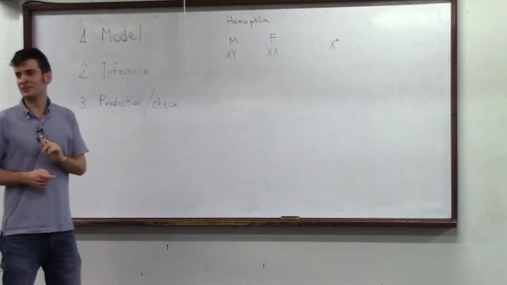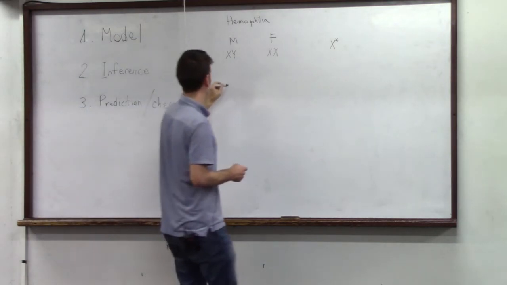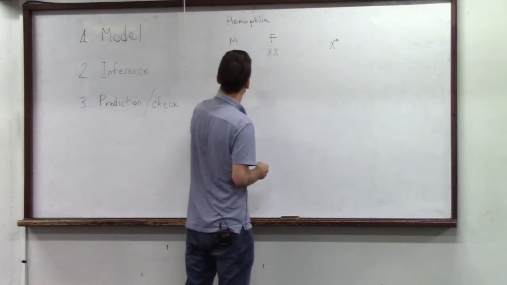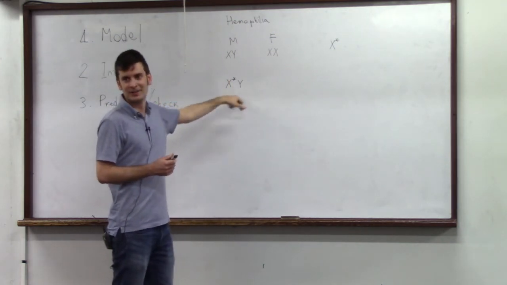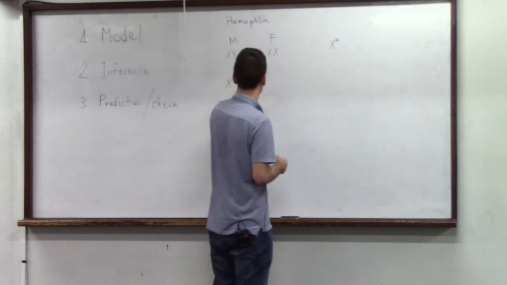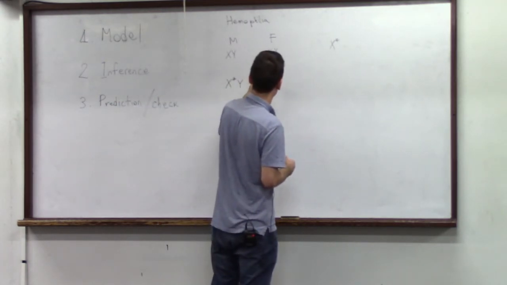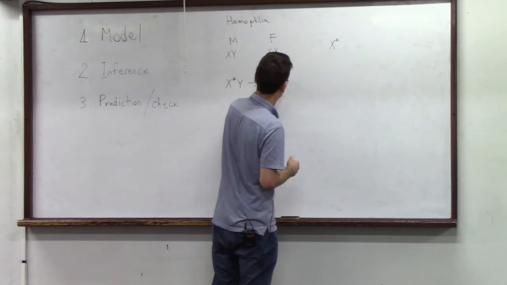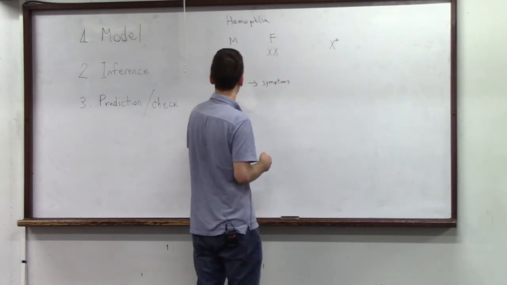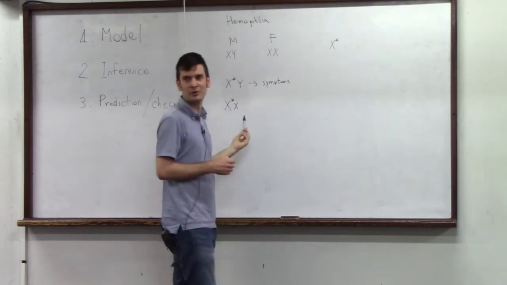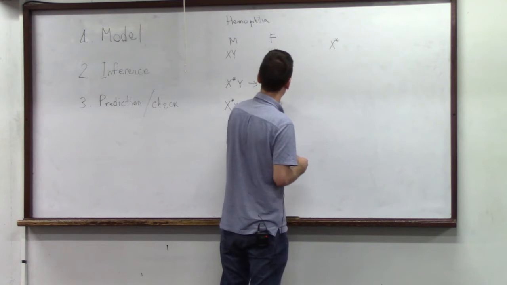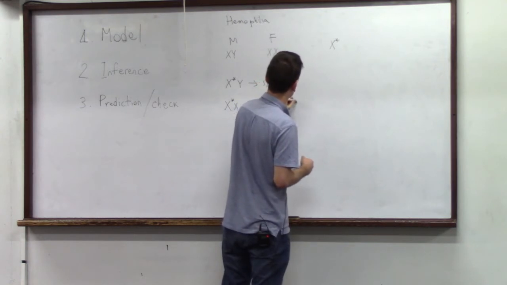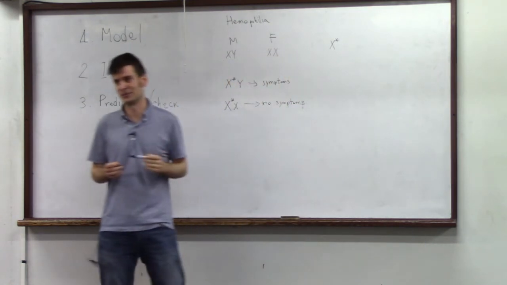And it's a recessive disease, which means that a man carrying this chromosome with the bad gene shows symptoms. But a woman with only one chromosome affected doesn't show any symptoms.